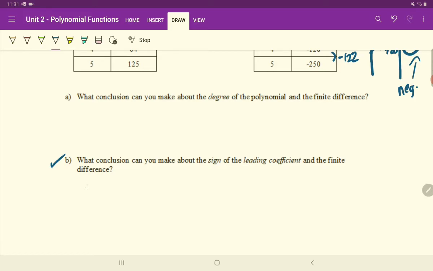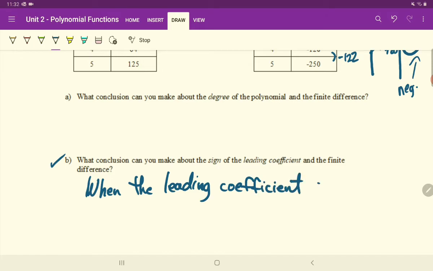Okay, so when the leading coefficient is positive, the finite differences will also be positive.